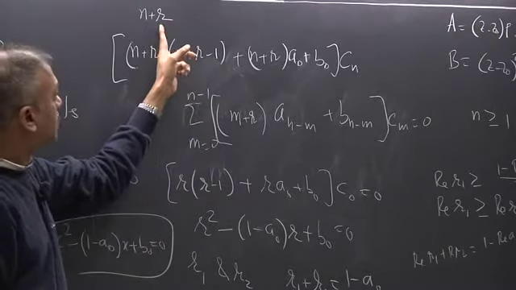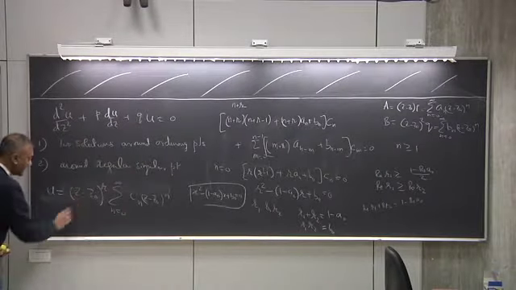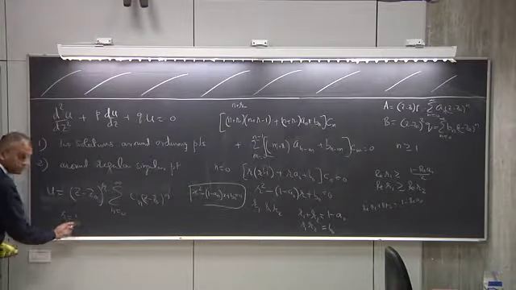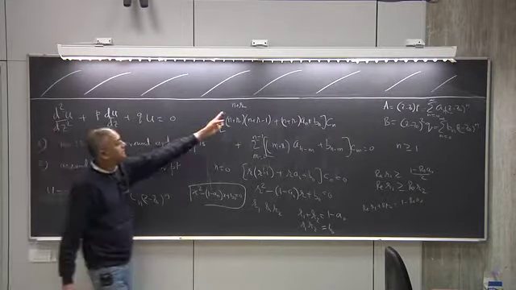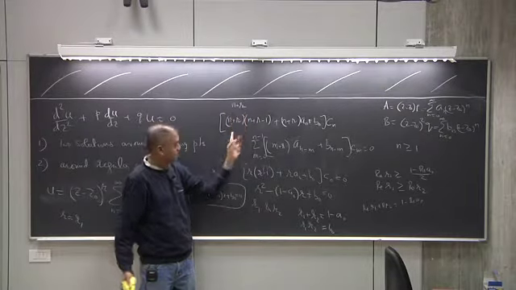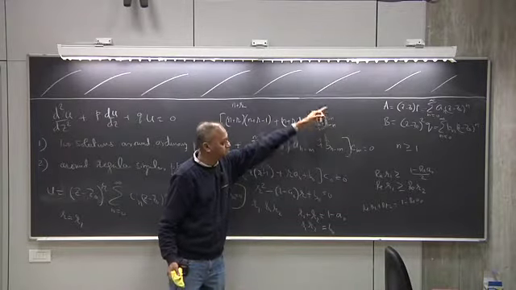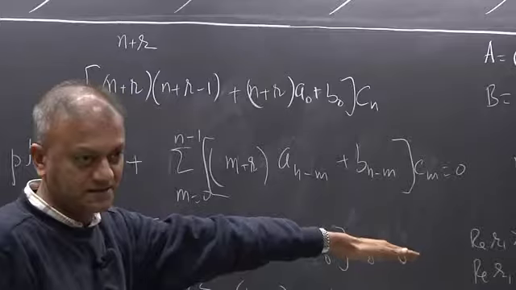It cannot be equal to r1 if I have chosen r equal to r1. You see, I'm saying that I have chosen here r equal to r1. Then this is n plus r1. So for n positive, that is the case we are looking at, because we want to determine all the Cn for n positive in terms of lower ones, right?